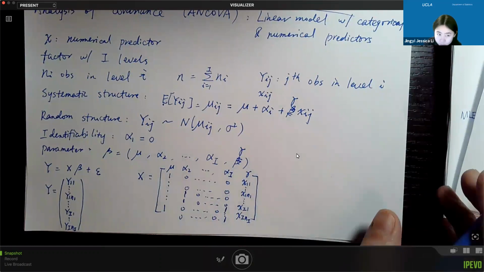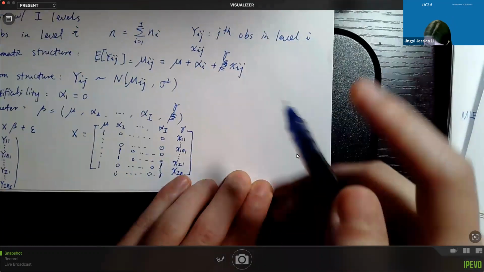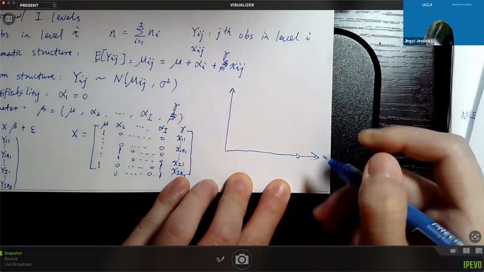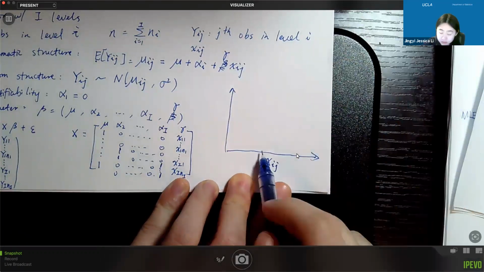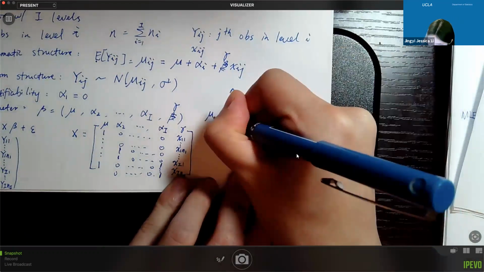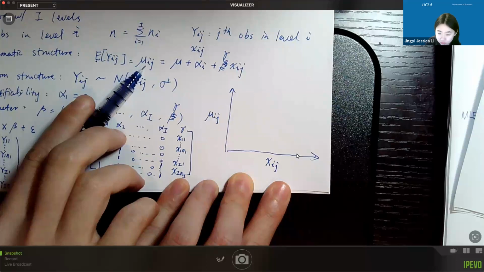So what does this correspond to geometrically? It's actually corresponding to parallel lines. So let's call this x_ij, observations in the numerical vector, and mu_ij, the expectation of y_ij in the systematic structure.